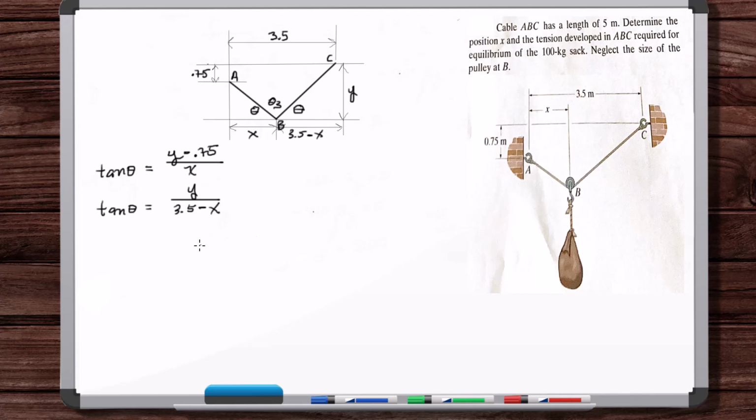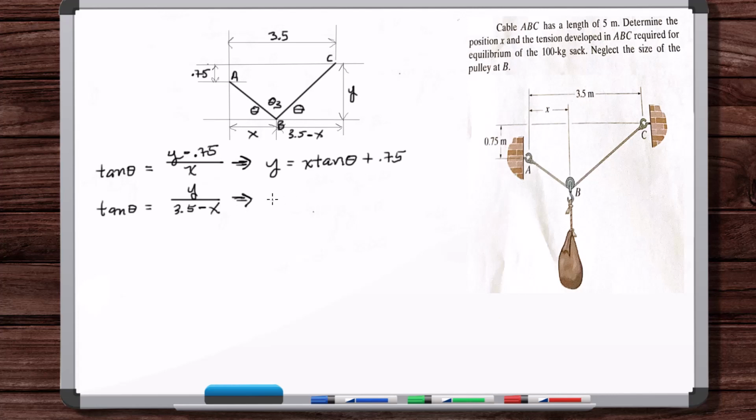And so we know theta. So all we need to do is solve these equations for y and then set them equal to each other. And then since we know theta, we can just solve for x. So this equation, you multiply through by x. So y is equal to x tangent theta plus 0.75.